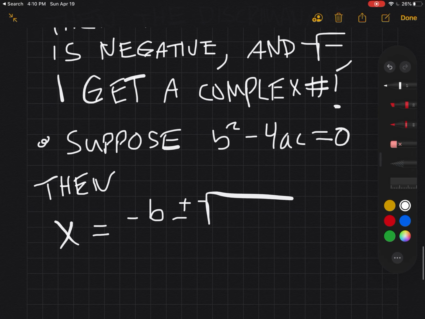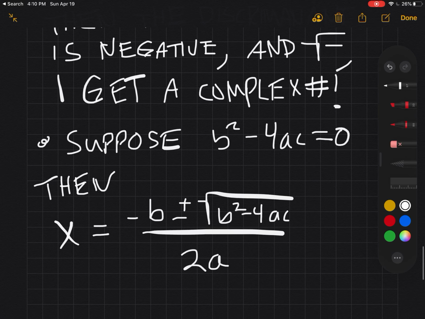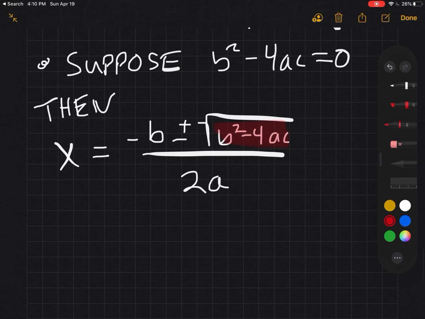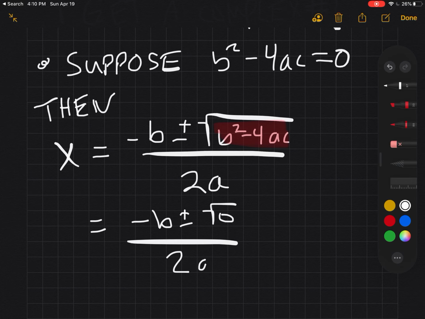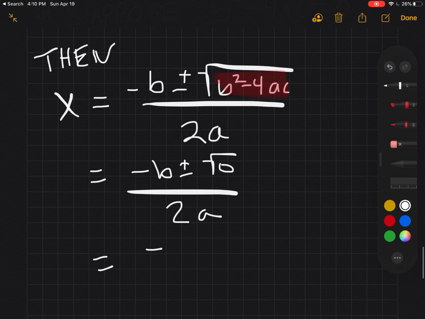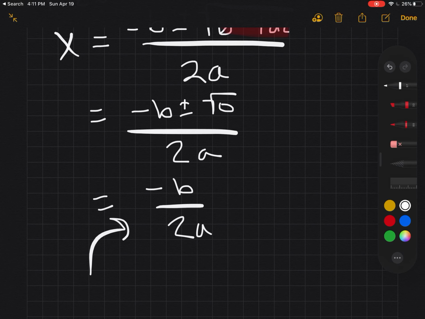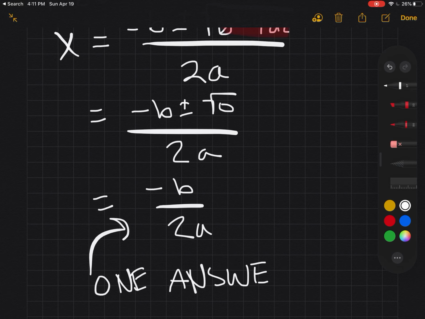Okay. Another thing that could happen is, suppose b squared minus 4ac is just equal to 0. Well, then my quadratic formula changes. Negative b plus or minus the square root of b squared minus 4ac all over 2a, and I'm saying, what if all this junk becomes 0?